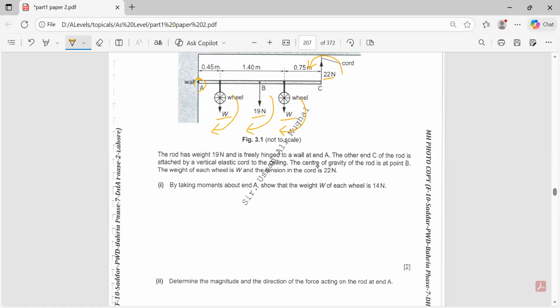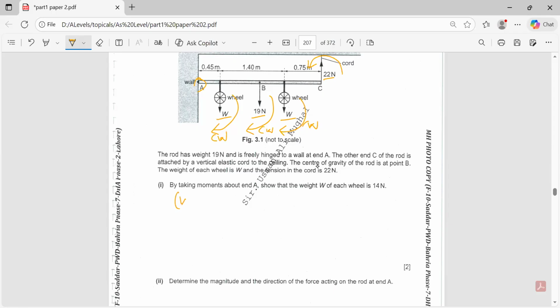So let's explore how we can find out the weight in each case. Let's first find out the clockwise moments. This one is clockwise, this one is clockwise, this one is clockwise. First of all is the weight which is hanging downward.